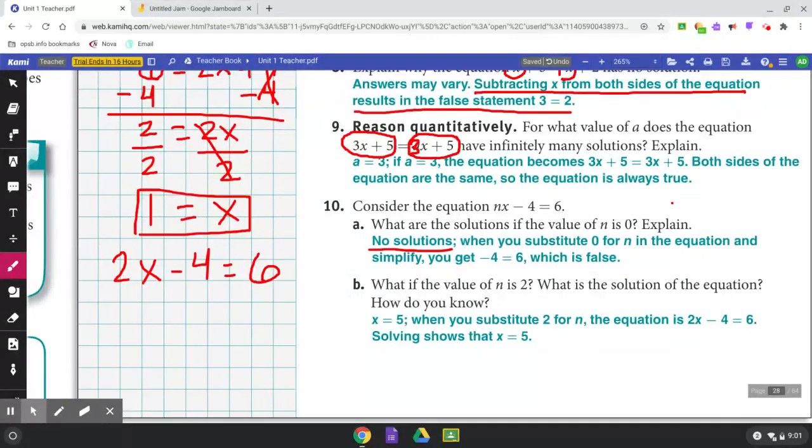If I solve this equation, I need to isolate the term with the variable by adding 4 to both sides, and I get 2x equals 10. Now I need to isolate x by dividing both sides by 2.